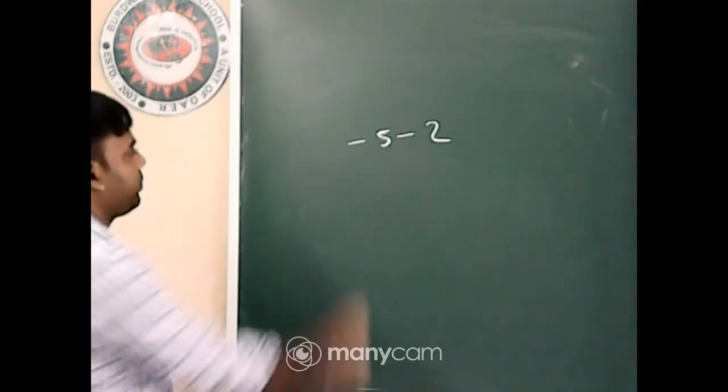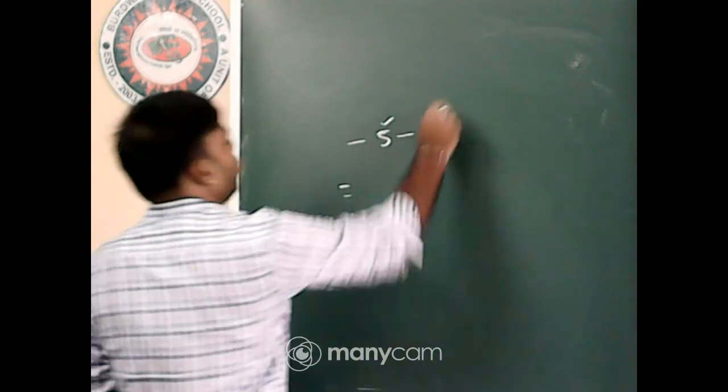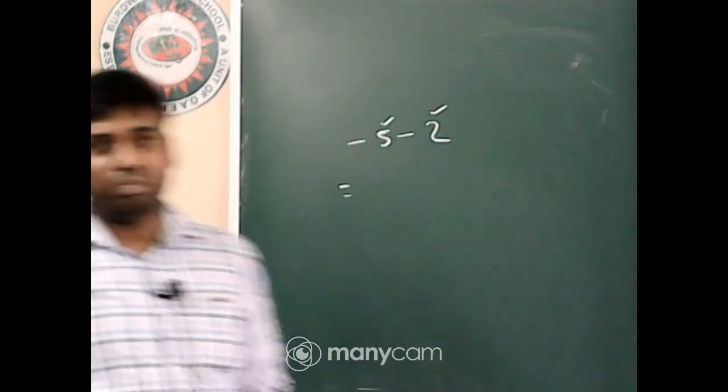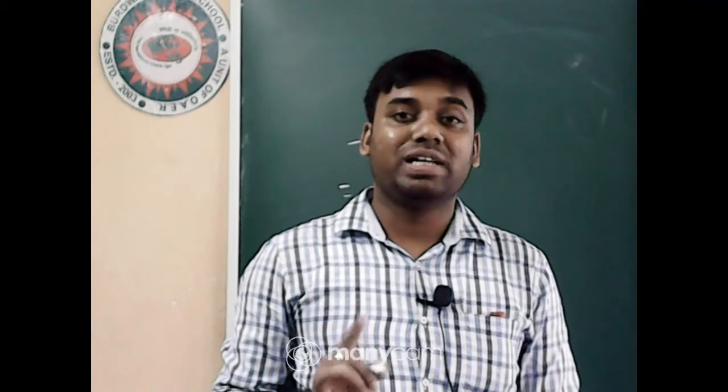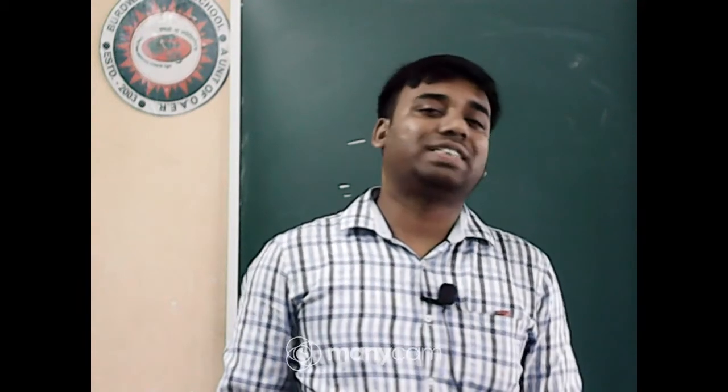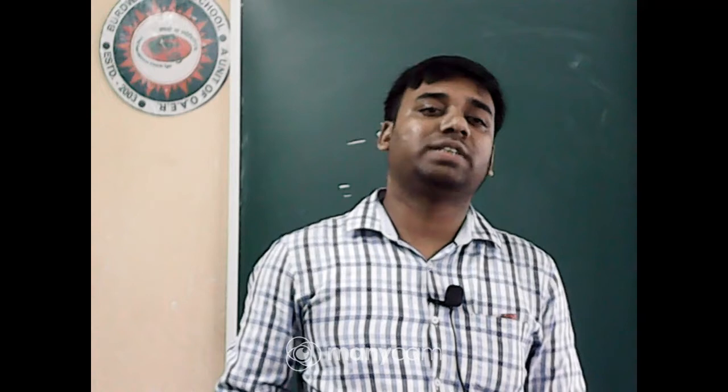Just observe that 5 and 2, sign of 5 minus, sign of 2 minus. So both are in minus sign, both in the same sign. I have told you that same sign addition, opposite sign subtraction. Same sign add, opposite sign subtract.